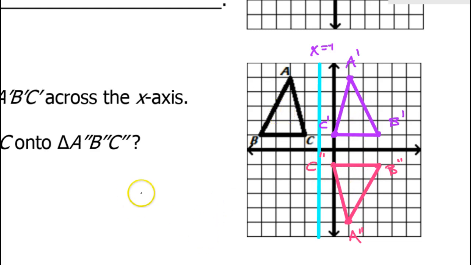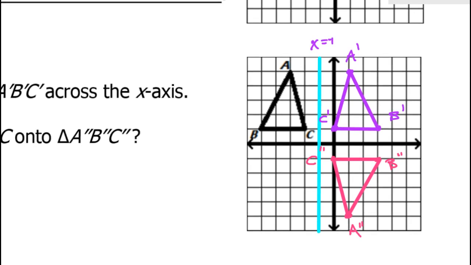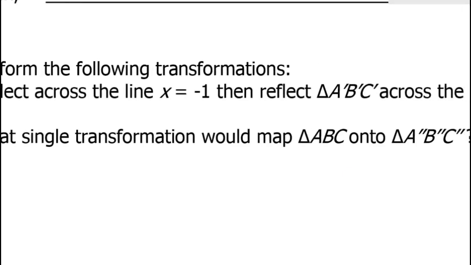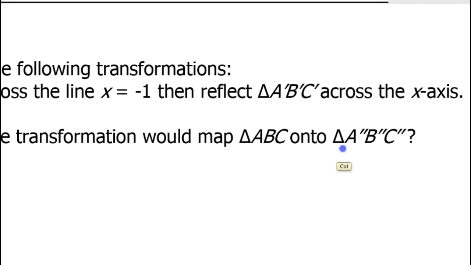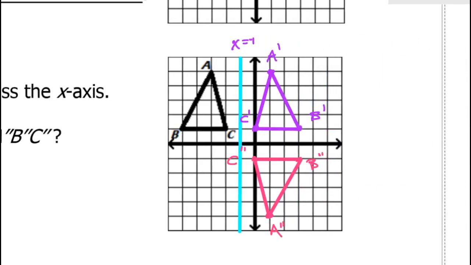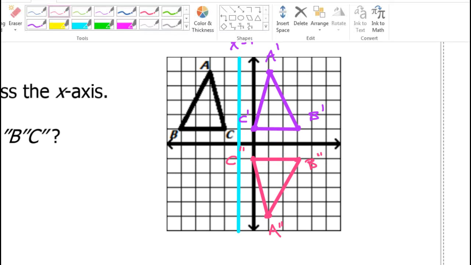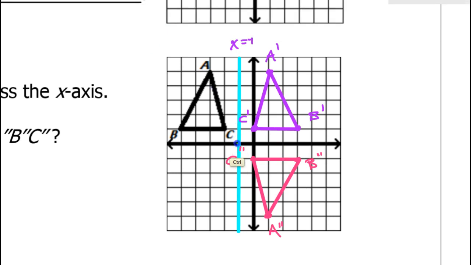So now the final question is, what single transformation would map triangle ABC onto A double prime, B double prime, C double prime? So what single transformation would get us from the black triangle to the red triangle? I'm hoping you can see that this is going to be a rotation. Now imagine that this point right here was the center of rotation.